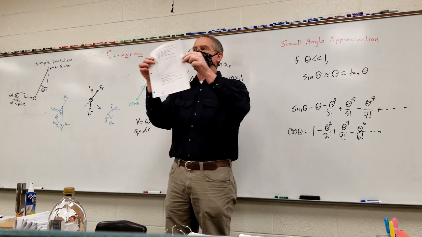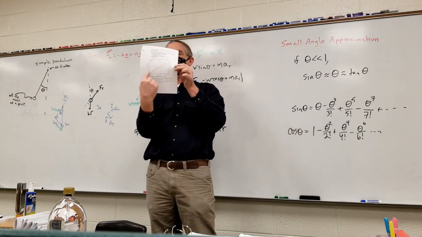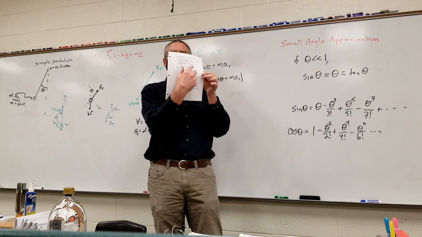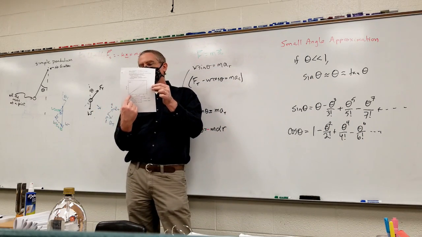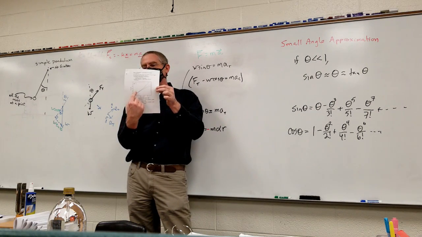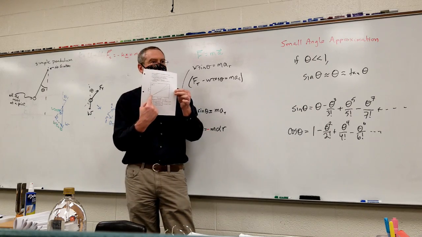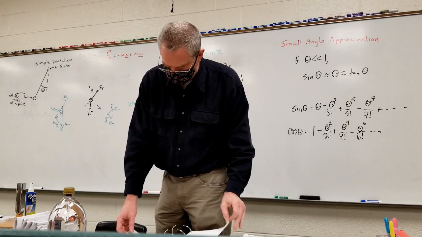The red one in the middle is just theta, and the green one is sine. Notice that they are overlapping quite nicely, up to a certain point, at which point they start to diverge. As long as we're dealing with an angle in this region right here, it's a pretty decent approximation.